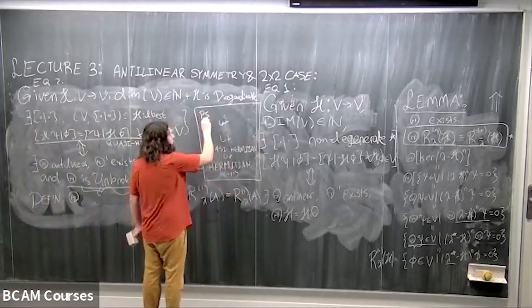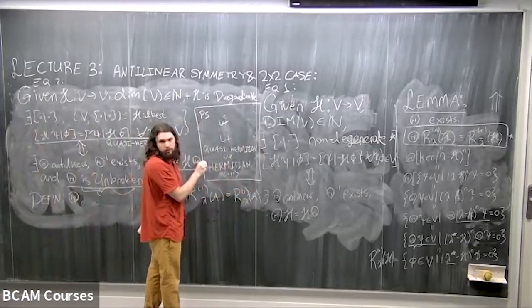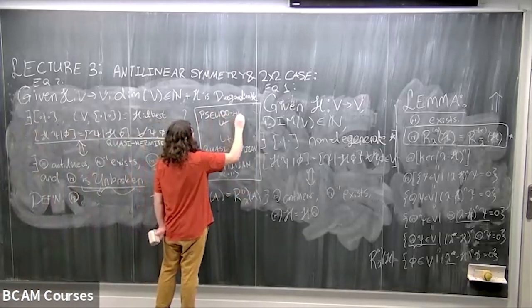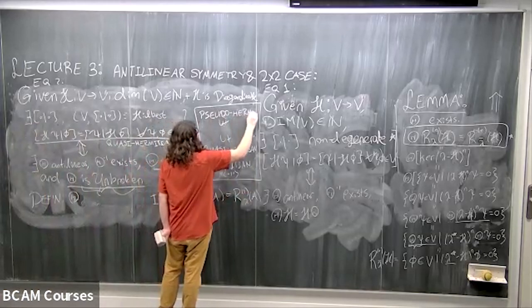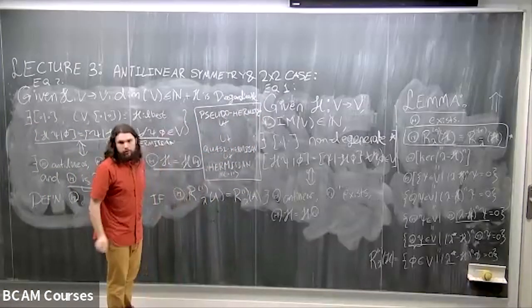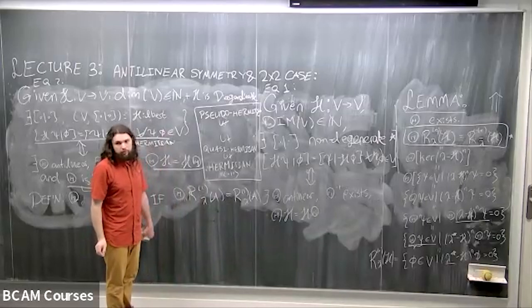And then you have the pseudo-Hermitian. I think I used that word before, I could be wrong. So the pseudo-Hermitian guys are the guys that are symmetric in a general inner product space, which might not be positive definite.